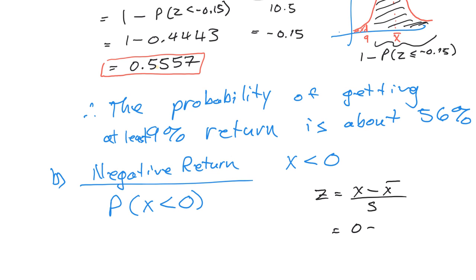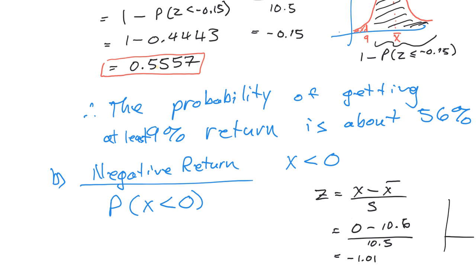X is 0 minus the mean of 10.6 divided by 10.5. And we do our calculation and we end up with a z value of negative 1.01.